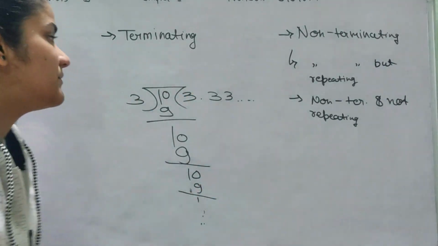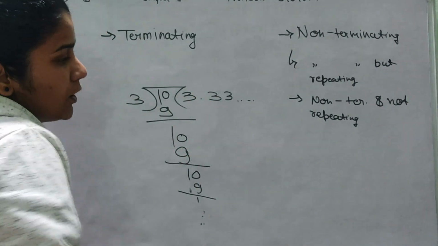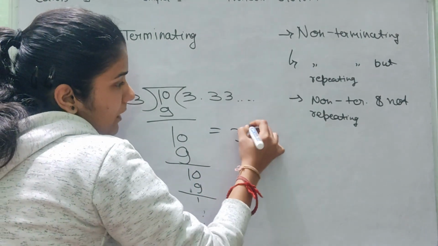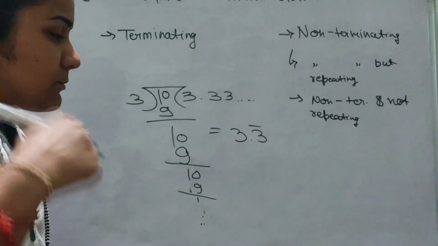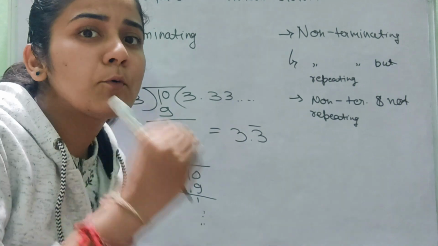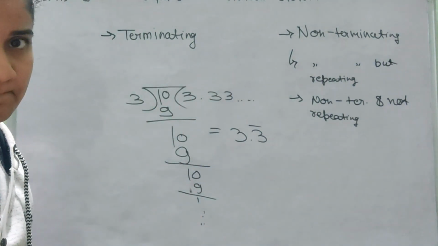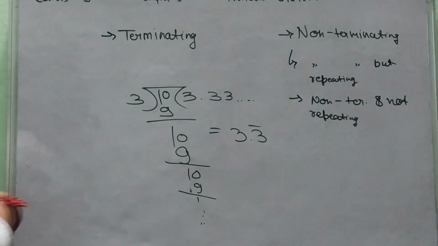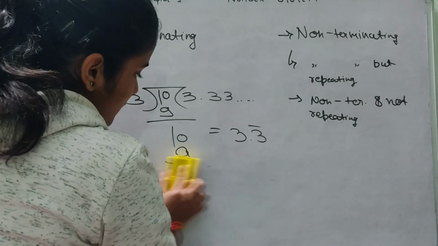It is repeating its value. This dot dot dot can be represented as 3.3 bar. The number which starts repeating, we put a bar over that number. And non-terminating and non-repeating, let us discuss it also.